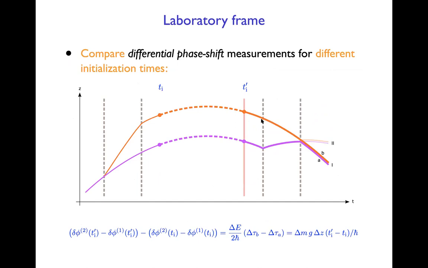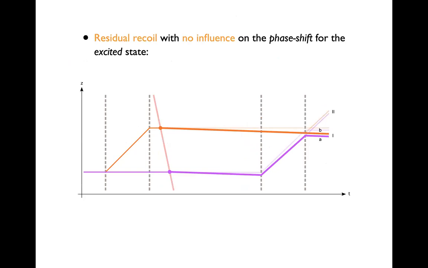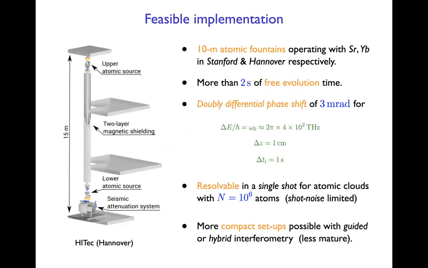But the important thing is that, yes, that gives you some slight difference in the trajectories for the two internal states, but that's acting exactly in the same way for the different initialization times. So that's an example of things that, when you consider the doubly differential measurement scheme and subtract the differential phase shifts for different initialization times, those effects drop out. So that's not really a problem. And so that's how you can address all these challenges.